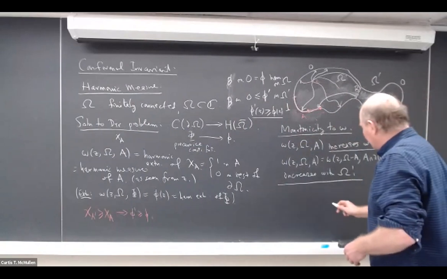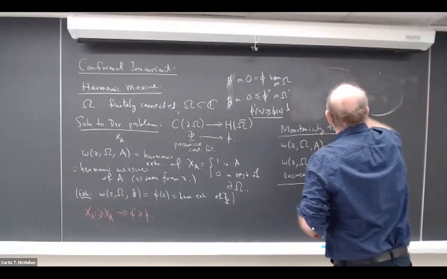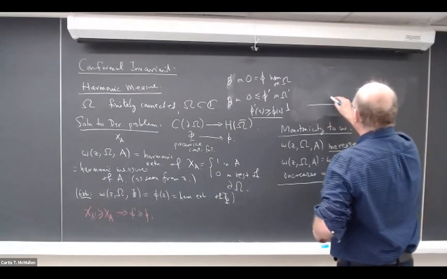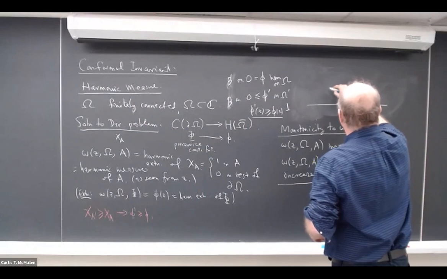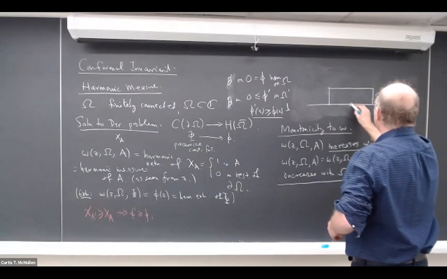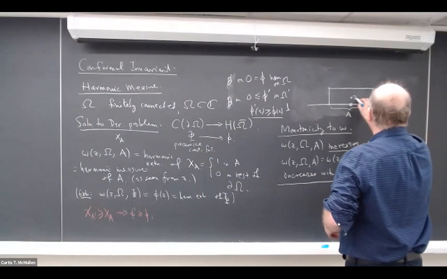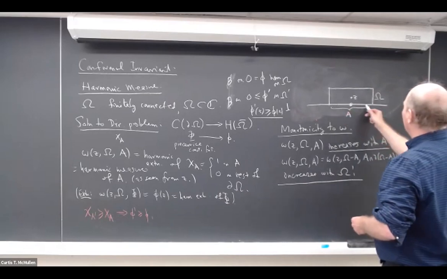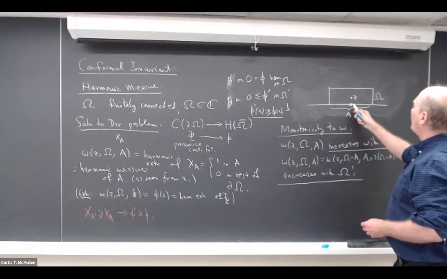Another example to make it seem very obvious is, if we were to take a square, let's say, sorry, a rectangle like this, take this to be our domain omega. This bottom arc is A, and we pick a point Z here. Now, what's the harmonic measure of A as seen from Z? Well, it certainly is at least a quarter.